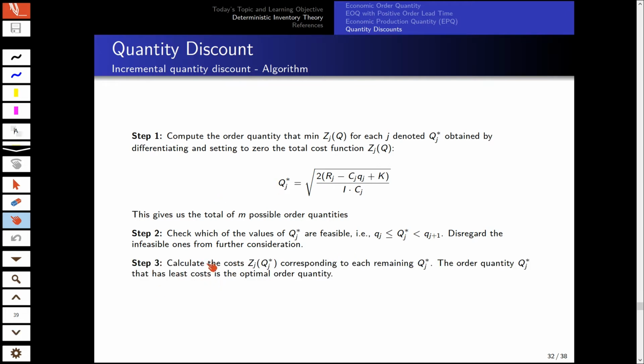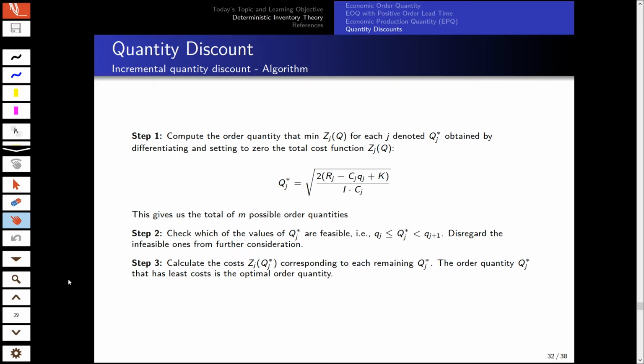Then we calculate the total costs for each and every one of the feasible order quantities. And then, of course, we take the least cost, and this is the optimal order quantity.